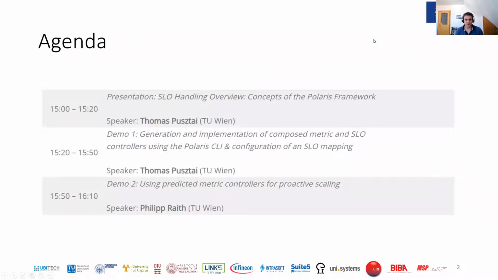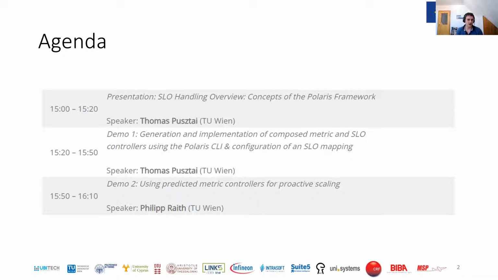So let's have a brief look at the agenda. At the beginning, I'm going to briefly explain what service level objectives, or SLOs, are and how to handle them, and the concepts of the Polaris Framework, which is the component of Rainbow used to handle the SLOs.